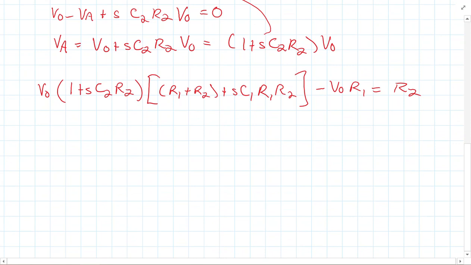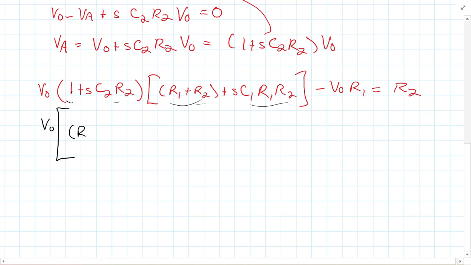Okay, now it looks kind of messy here, and we're going to clean this up. We're not going to actually do all the details here. So let's go ahead and multiply this out. If we multiply it out, I'd have V out times 1, because the reason I put this in parentheses is that this is kind of a binomial, like this would be my first term, so I can do first, outside, inside, last, the whole classic FOIL.